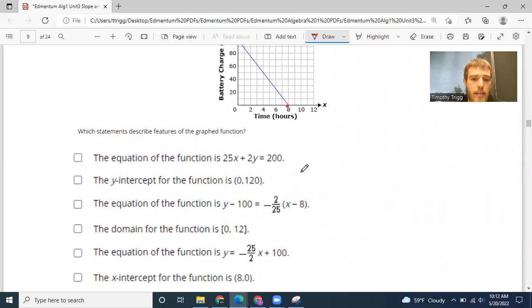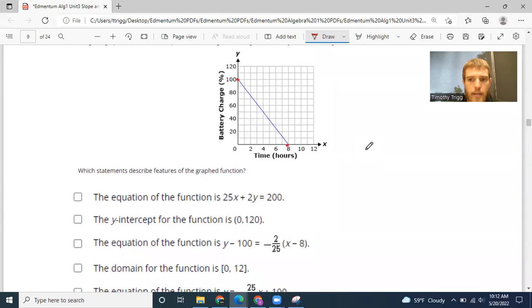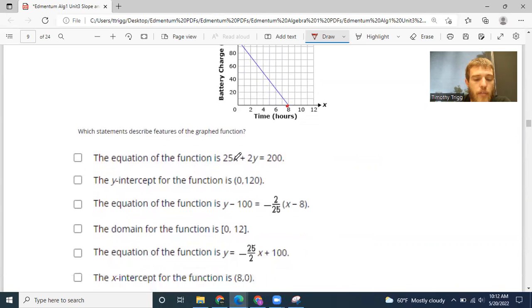And then let's find the equation for this. Well, there may be more than one correct answer here. Let's see. For this one, this one would have an x-intercept of 4.